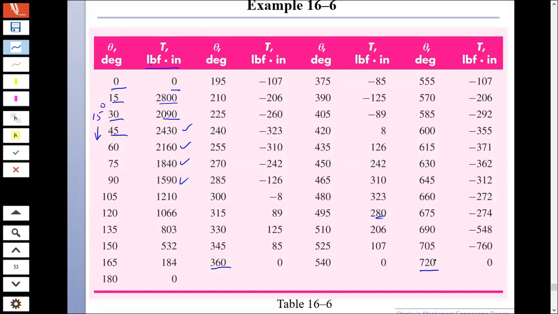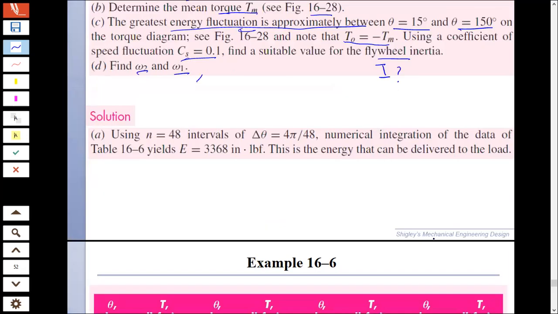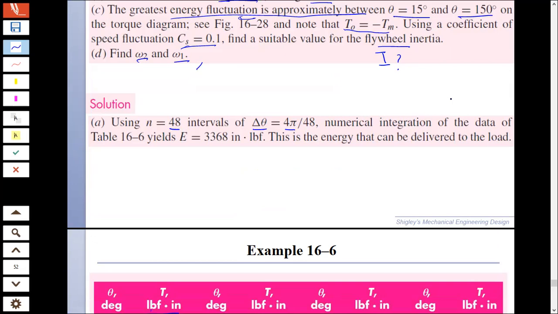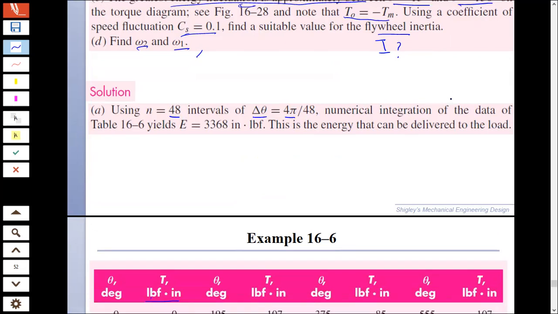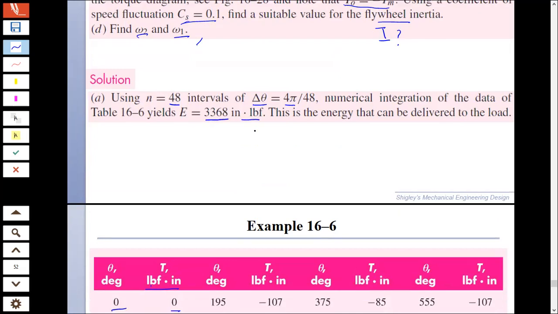So if we add up all these intervals, the n is equal to 48, and therefore your delta theta is 4 pi divided by 48. So if you go ahead and numerically integrate the data, your E turns out to be 3368 inch pound. And this is the energy that can be delivered to the load.